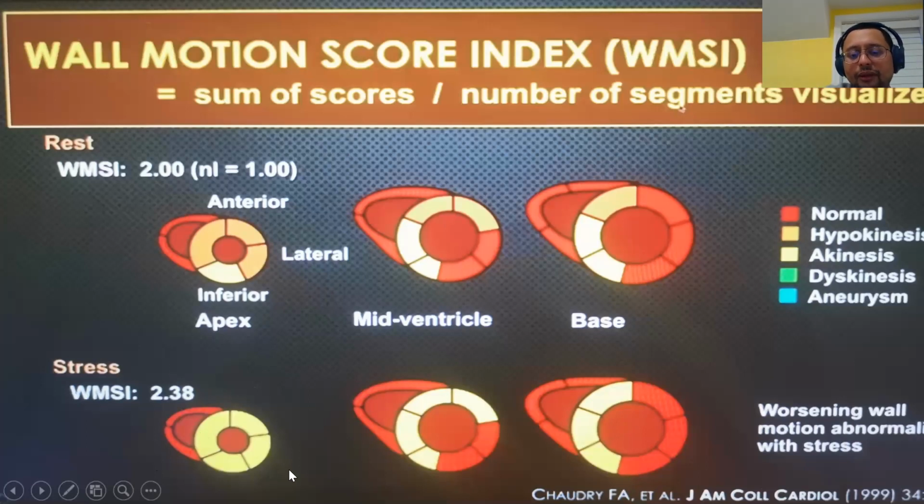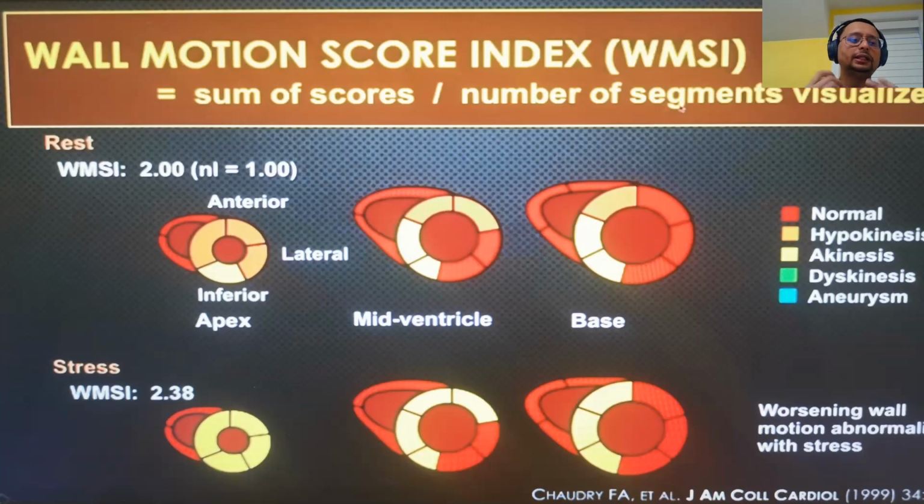However, when they stress the patient, there is a region that becomes hypokinetic from normal, or becomes akinetic from hypokinetic. So we start with a wall motion score index of 2, and at stress we have a wall motion score index of 2.38. So you know that somewhere along the line, there is worsening in wall motion abnormalities. What does worsening in wall motion abnormalities mean? That means ischemia until proven otherwise.